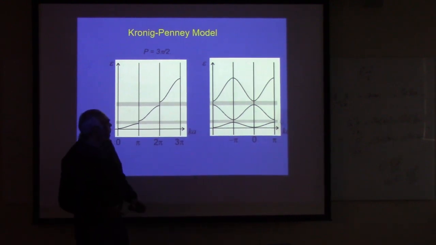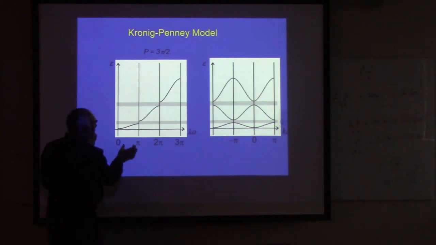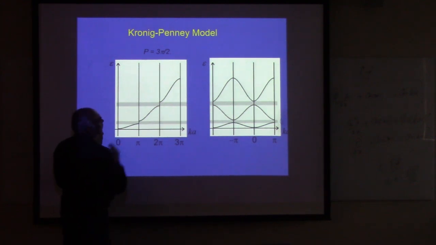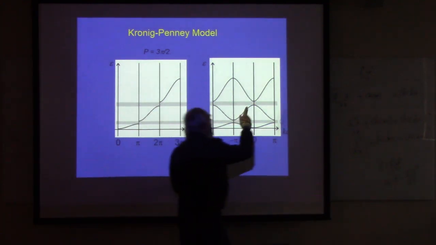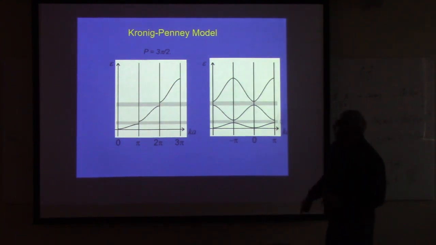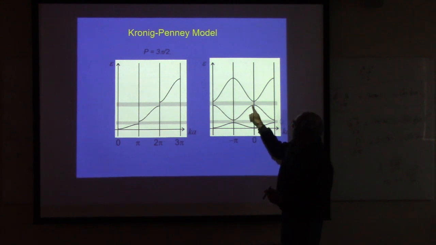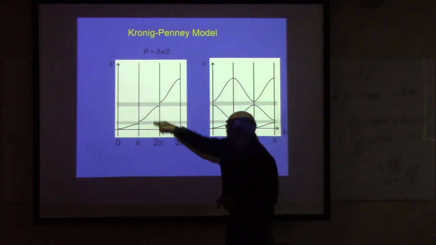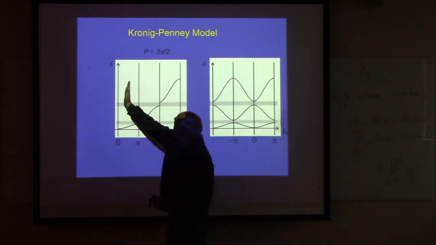Okay. So now you can fold it back. We know this is the first Brillouin zone, second Brillouin zone, third Brillouin zone. You can fold it back, then you can make this kind of band structure, right? If I fold this one back, it becomes this one. That is still in the first Brillouin zone. This one, you can fold it back to this side, right?